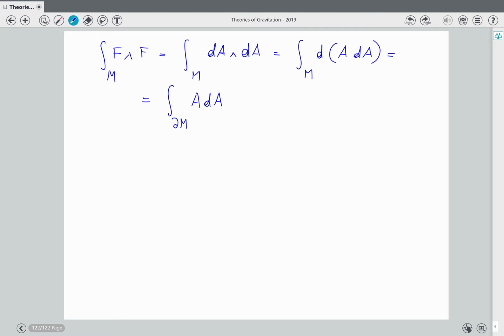Everything we have said for electromagnetism can be generalized to non-abelian Yang-Mills theories. We just mention this without details because you will probably see it in other courses. Non-abelian gauge theories are called Yang-Mills theories. They can be coupled the same way.